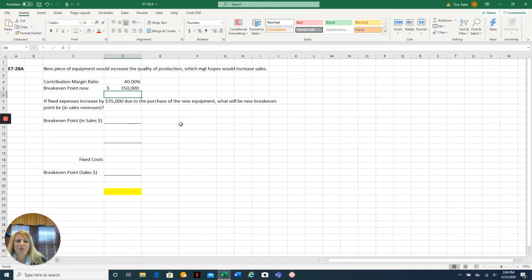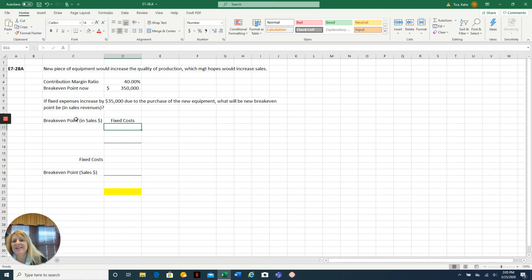So the point I wanted to make in particular with this problem is, first of all, just to review how the company would have calculated the break-even point in sales dollars. So that would be your fixed costs. Again, anytime you have a break-even point problem, the numerator is a fixed cost.